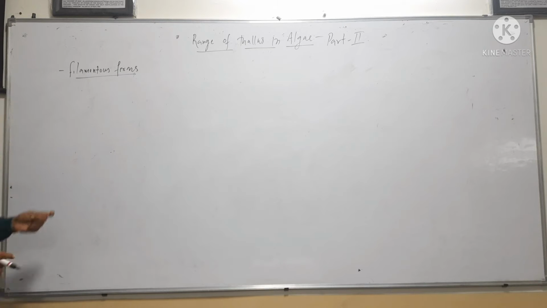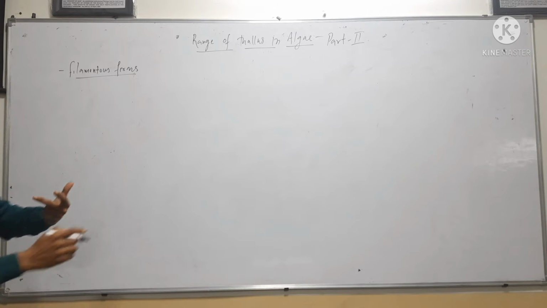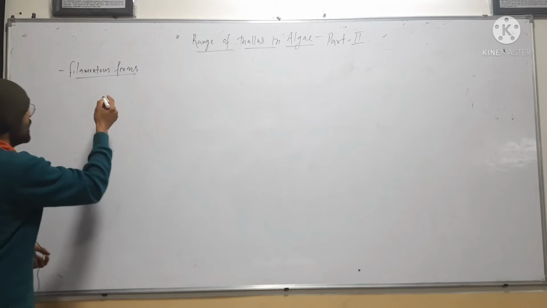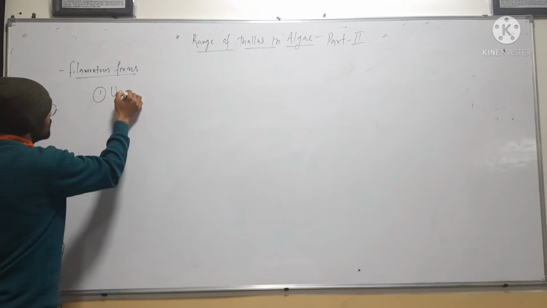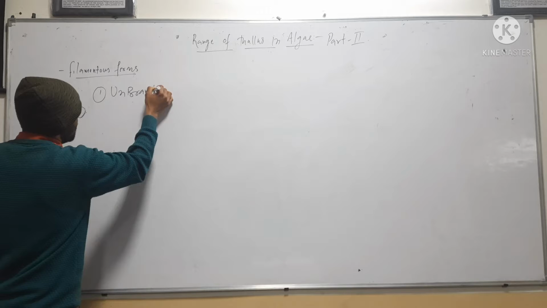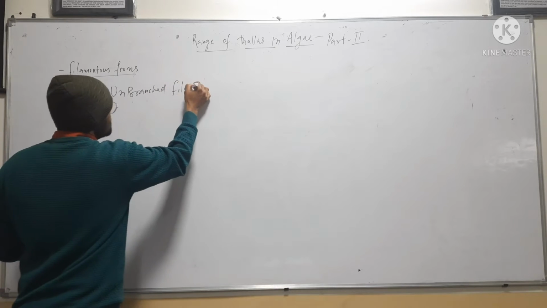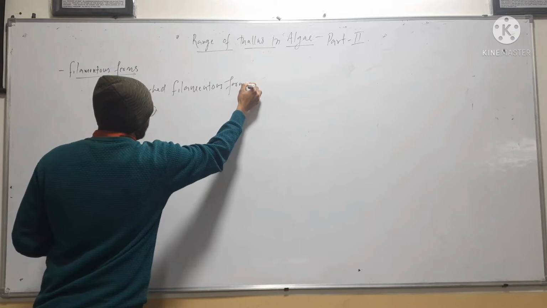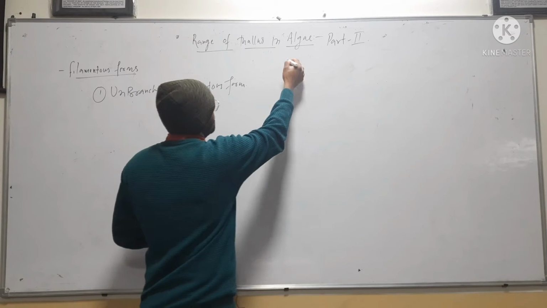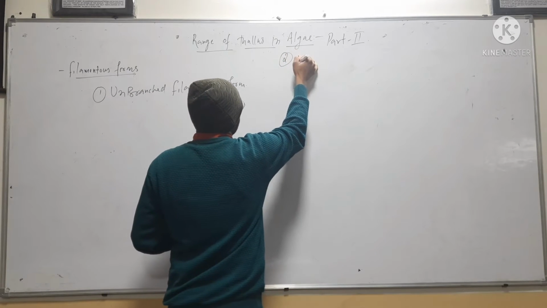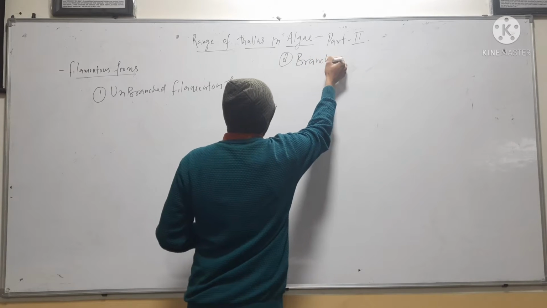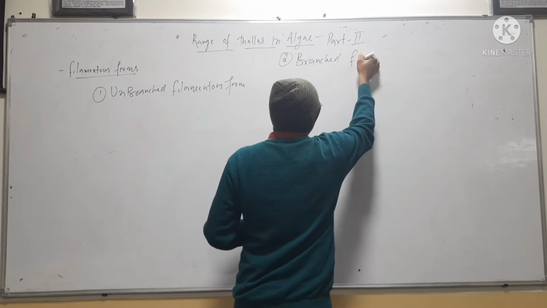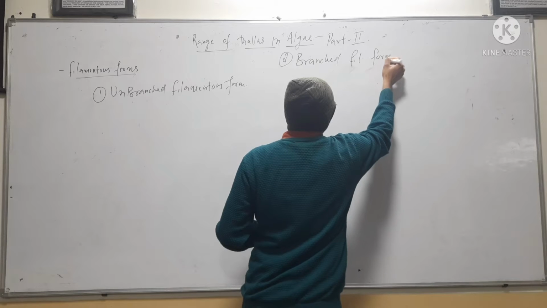Filamentous forms are further divided into two forms. First is unbranched filamentous form, and second is branched filamentous form.